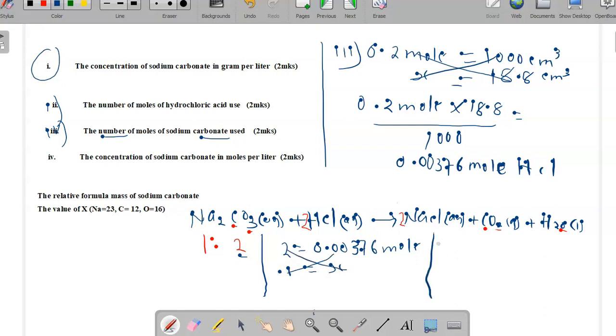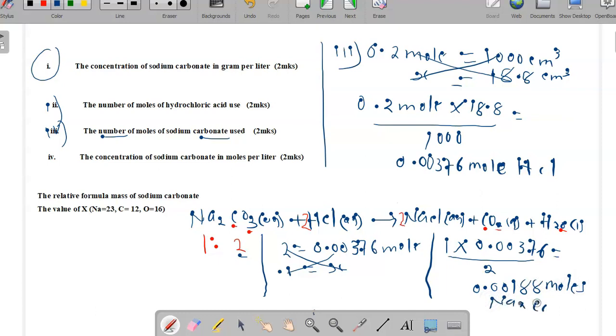So here you will get 1 multiplied by 0.00376 all over 2. Therefore you will get 0.00188 moles of what? Of sodium carbonate. So this is the number of moles of sodium carbonate you get through the equation.